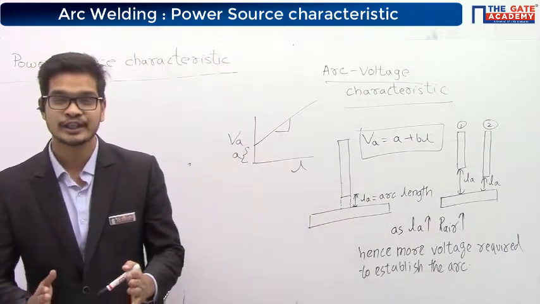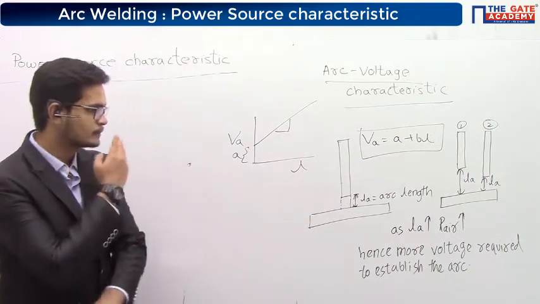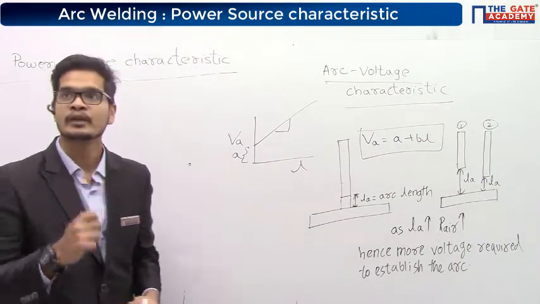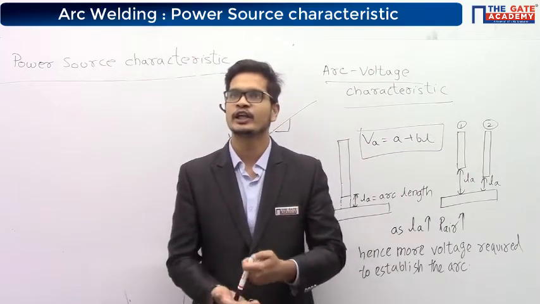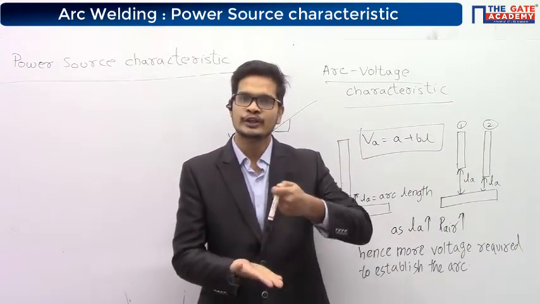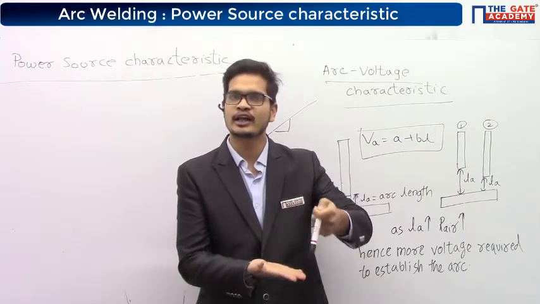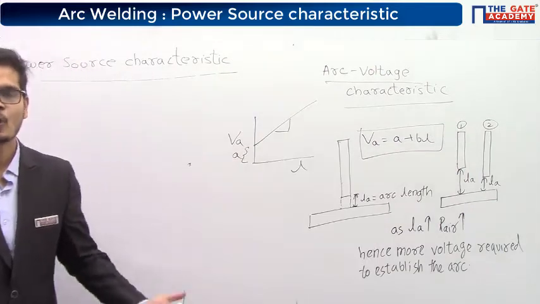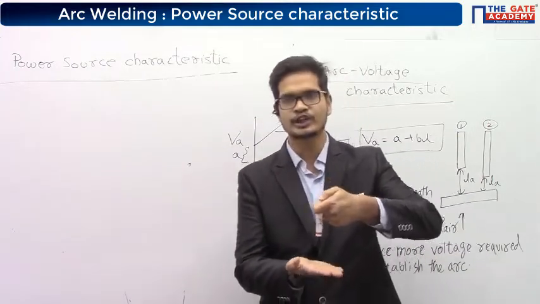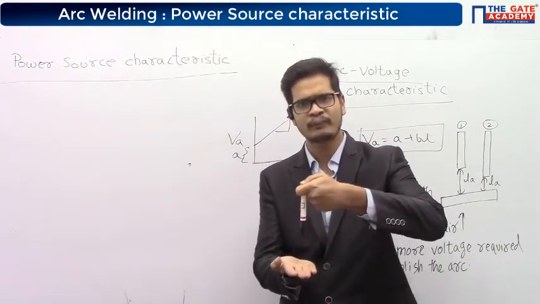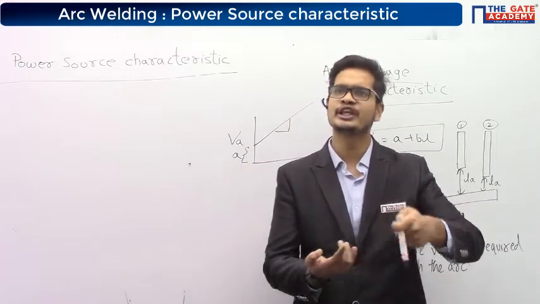So what I was saying? If you are doing manual arc welding, will it be possible for you to maintain a constant arc length? No. Obviously no. So the arc length will keep on changing.